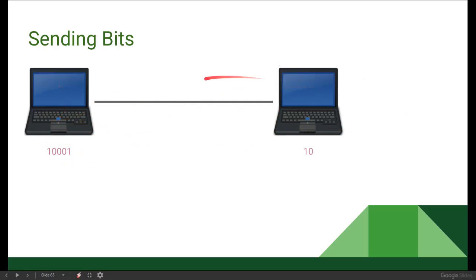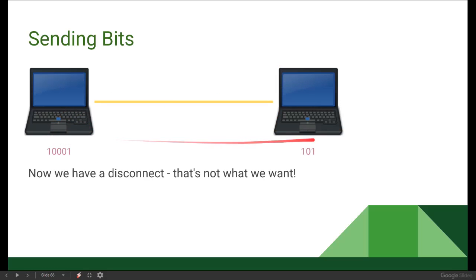So when we see that 1, we're going to say, oh, we got a 1. It changed. Now, 10001 and 101 are not the same number. So we have a disconnect in our signal transmission. So we need to make some change that's going to allow us to keep track of when there are repeated numbers.